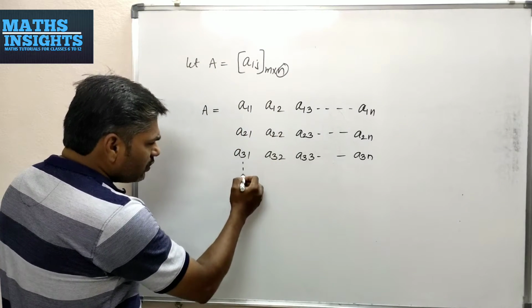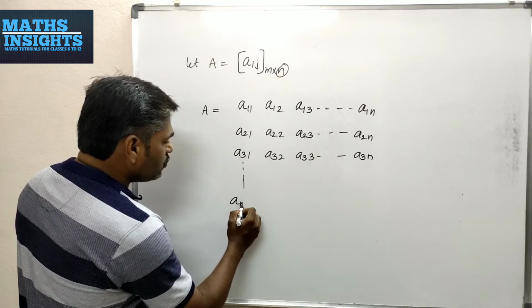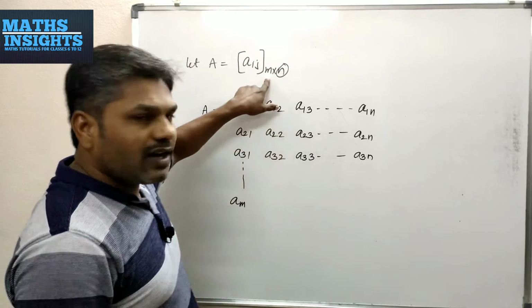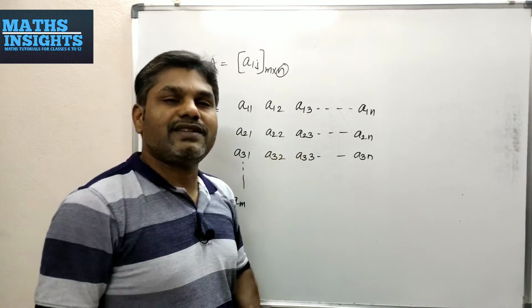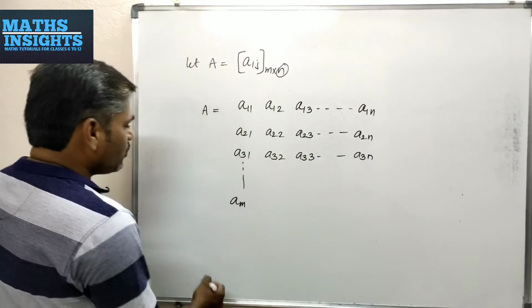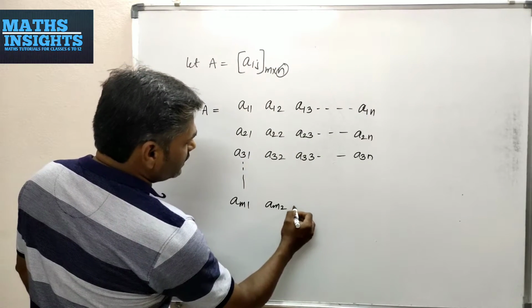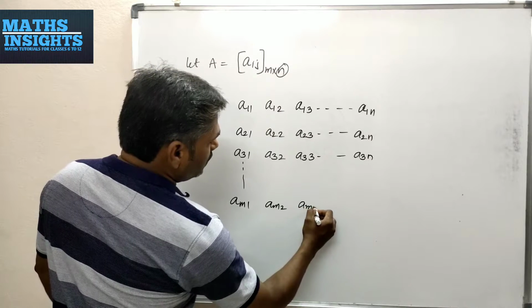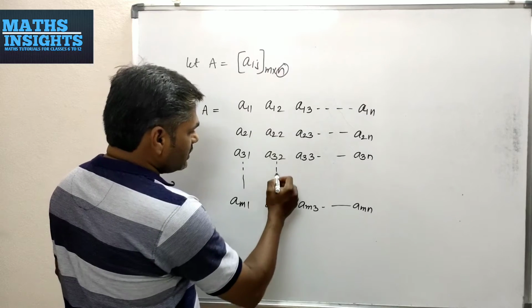If you go on writing the rows, you have to write up to the mth row. Why? Because they have given the order of the matrix as m by n, meaning there are m rows and n columns. So mth row, first column. Mth row, second column. Mth row, third column, and so on. Mth row, nth column.